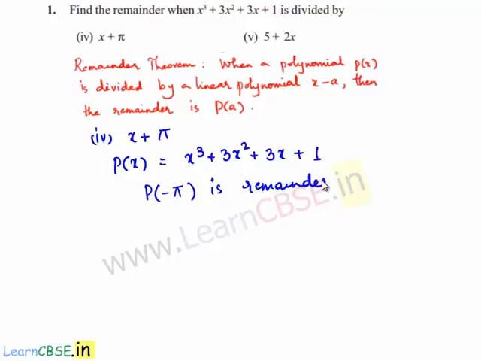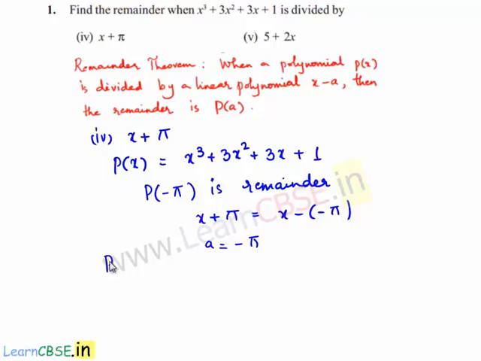This is because x plus pi can be written in the form of x minus of minus pi. So in place of x minus a, we have x minus of minus pi, that is, a is equal to minus pi, and the remainder is p of minus pi.